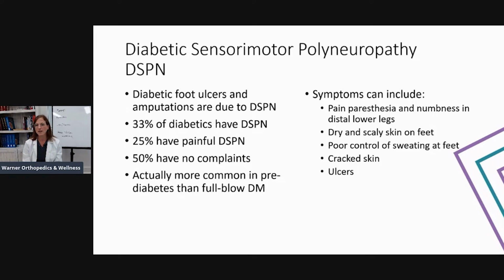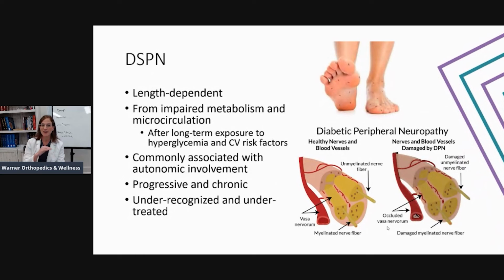And then the other 25% just have vague, weird complaints that aren't really pain, but they aren't symptom-free. But it's scary to know that about half of the people with neuropathy have no idea they have it. And it's actually more common in the group with pre-diabetes, that 86 million people that we talked about, than it is in diabetes.